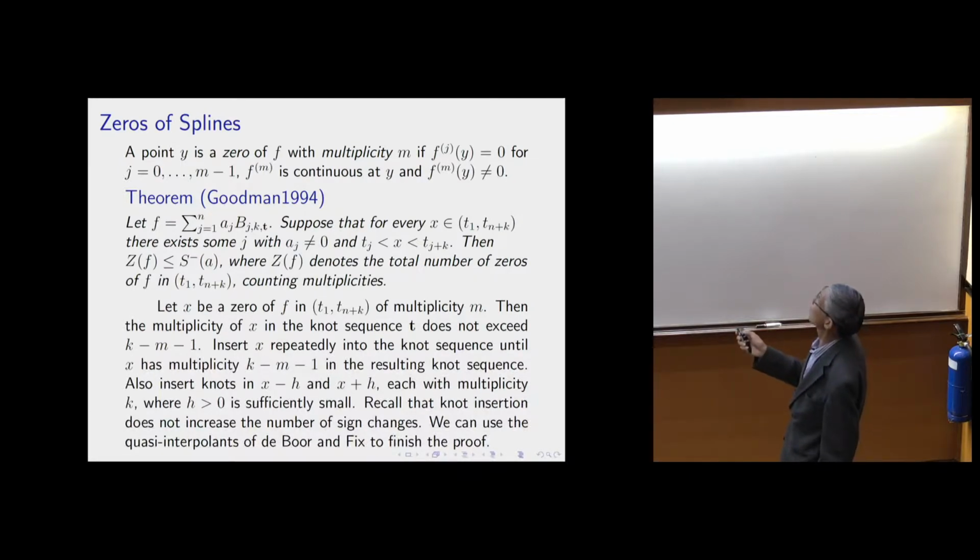So here you have the derivatives up to order m minus 1, but you also require that the m-th derivative be continuous at that point.